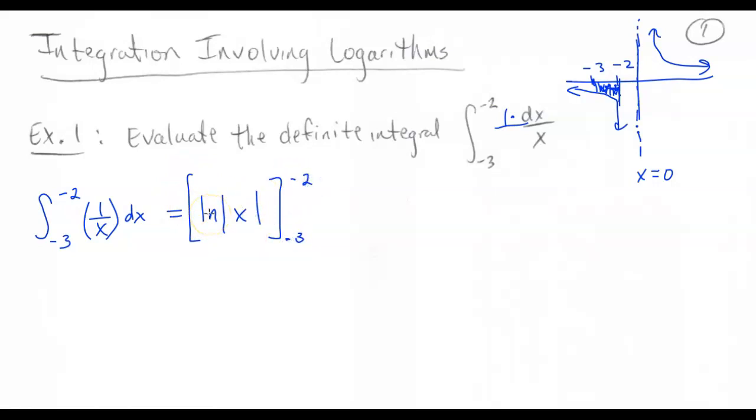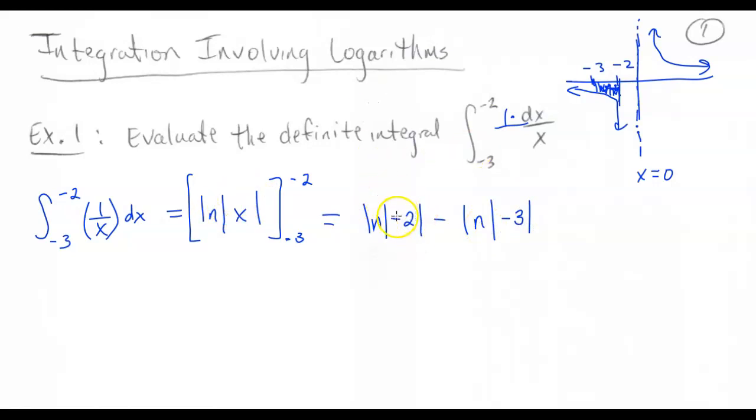And of course, -3 is smaller than -2, so that's why that goes on the bottom and -2 goes on top. So if we evaluate it, we put natural log of absolute value of -2 minus natural log of absolute value of -3.